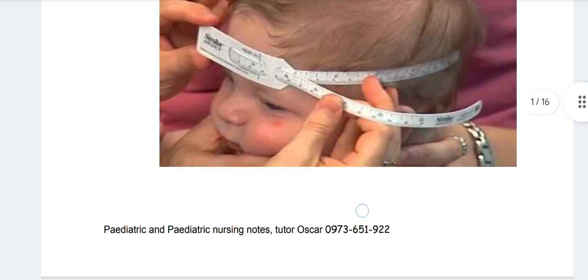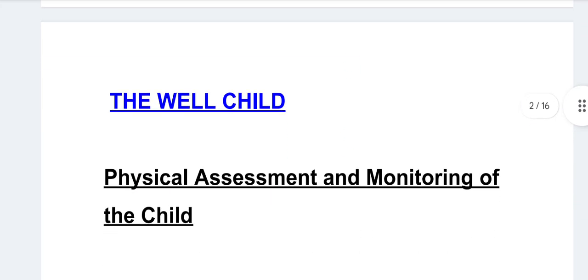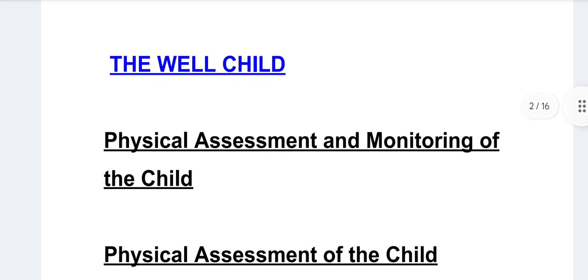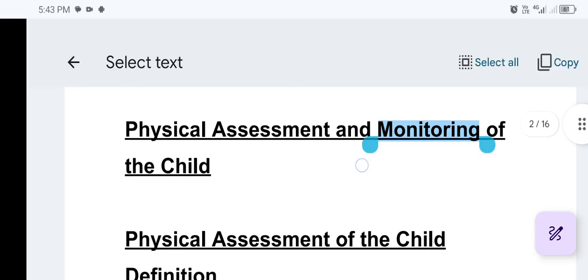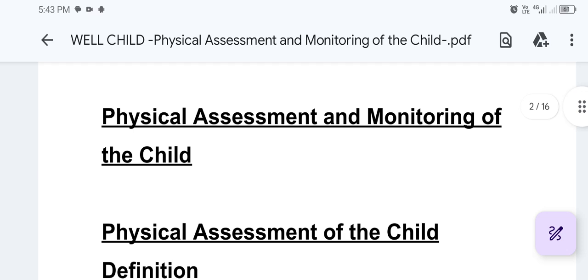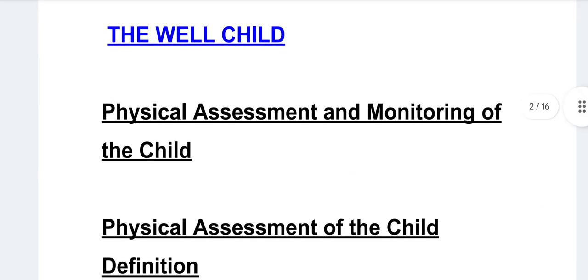So let me introduce you to today's topic under the well child, which is the physical assessment and monitoring of the child.